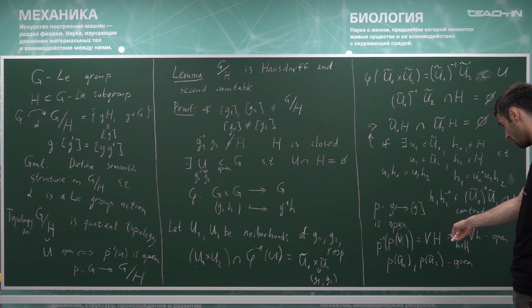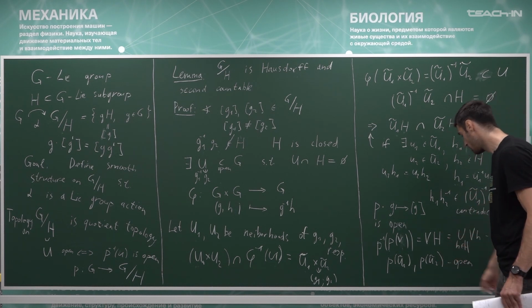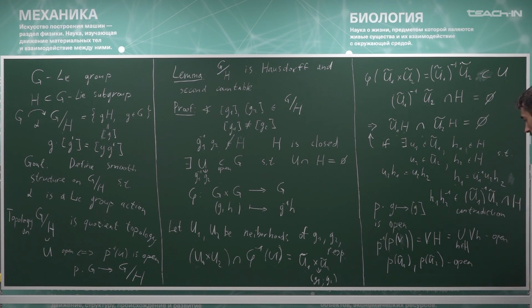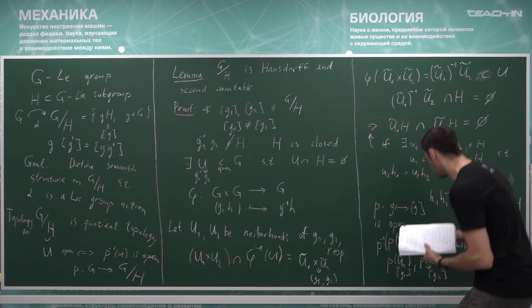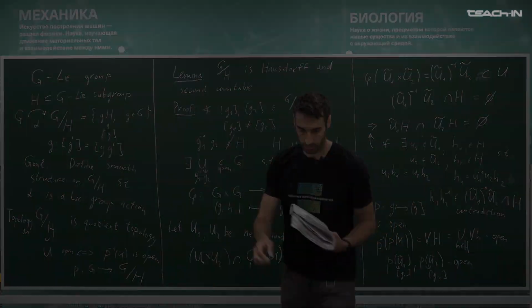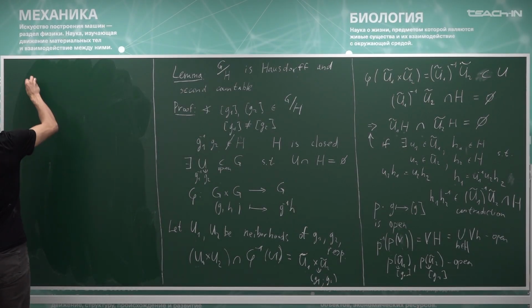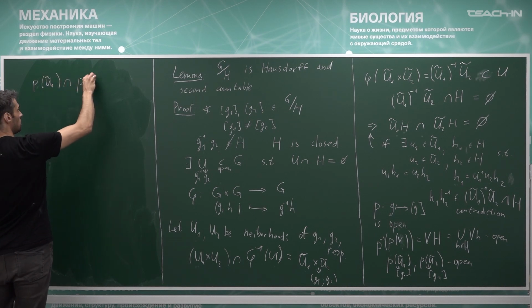So therefore p of u1 tilde is in G over quotient by H, and p of u2 tilde is in G quotient by H, g1 is in here, g2 is in here, and I argue that they do not intersect. So p of u1 tilde does not intersect p of u2 tilde.